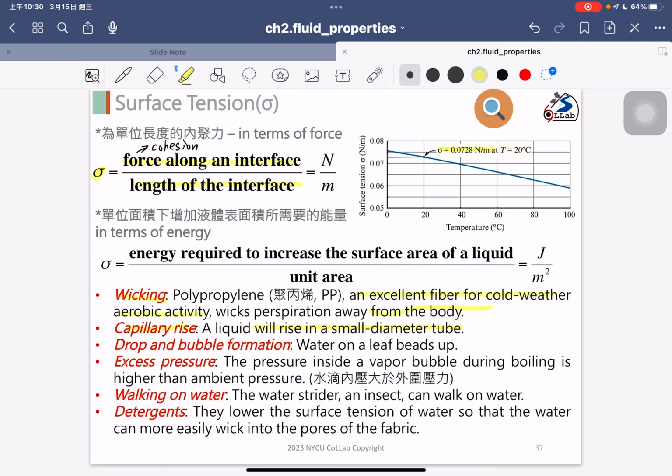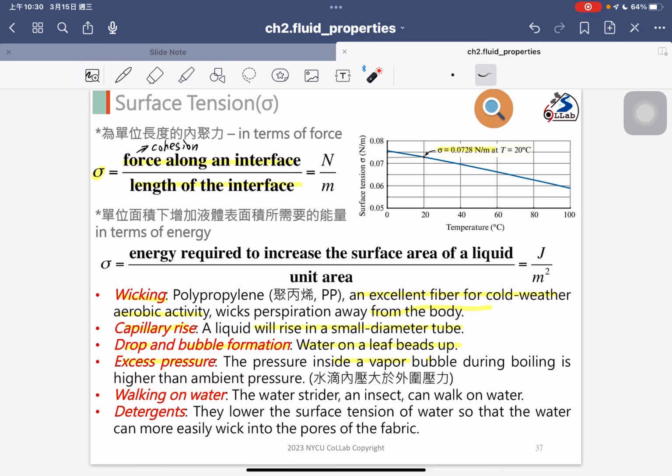So in the following, we will do some exercises to understand how capillary rise occurs in water. And usually in nature, we always see drops and bubbles. Sometimes we see water on a leaf that beads up, and you can see the drop there didn't flow. Excess pressure is the pressure inside, like the vapor pressure during boiling, being higher than the ambient pressure.